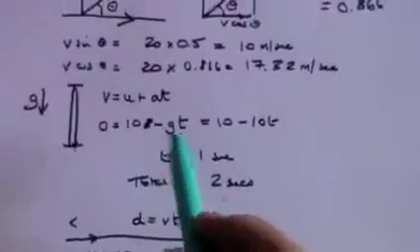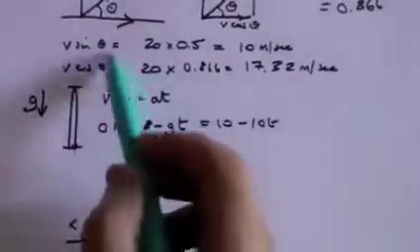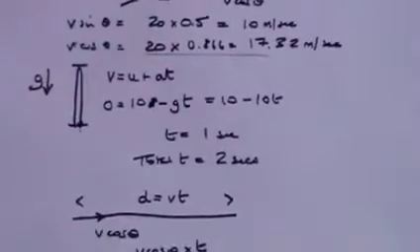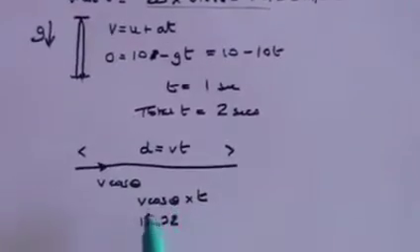Now, we worked out what v cosine theta was. It's 17.32.